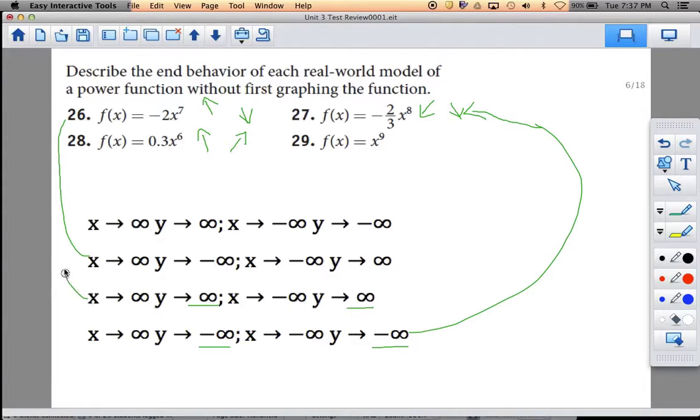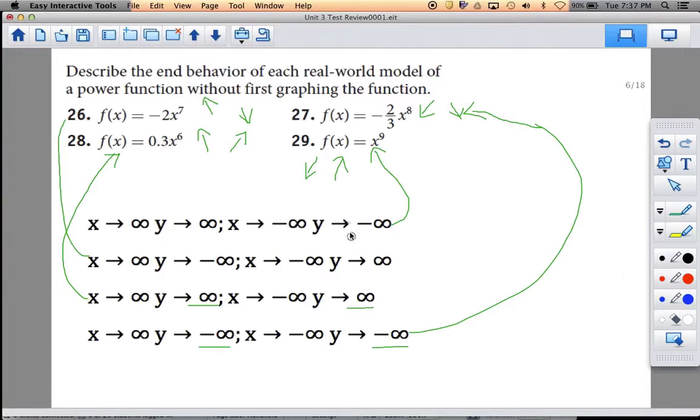So this one goes to 28, which leaves this last option to 29. And just to check, my A is a positive number, so my right side is going up, and my exponent is an odd degree, so my directions are going to be in opposite directions. So the right side is going up and the left side is going down, so that one's 29.